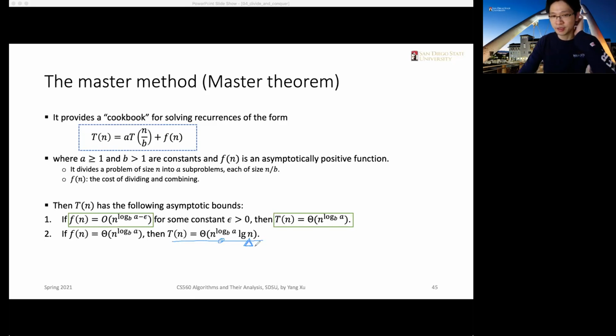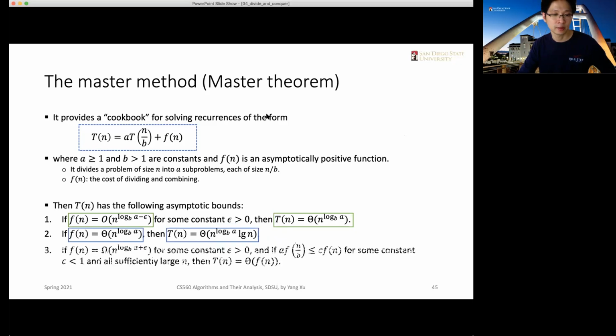That's very interesting, because this reminds us of the running time for merge sort or maximum subarray, which is n times logarithm of n. We'll later see if the master method can provide the correct solution to these common recurrences.